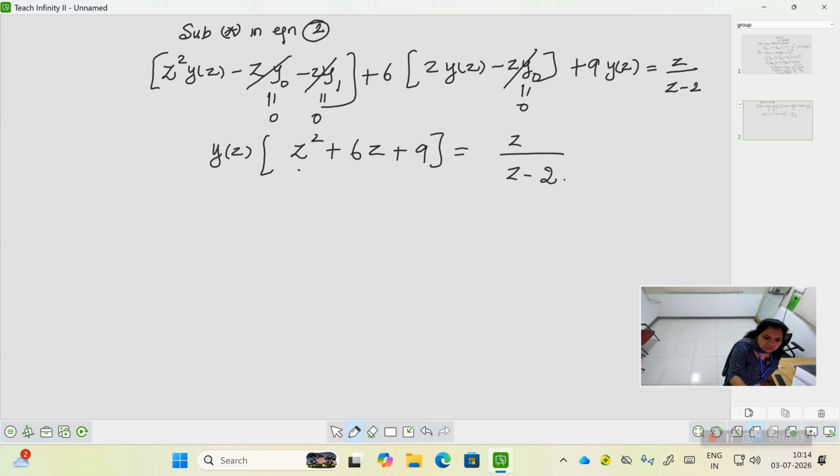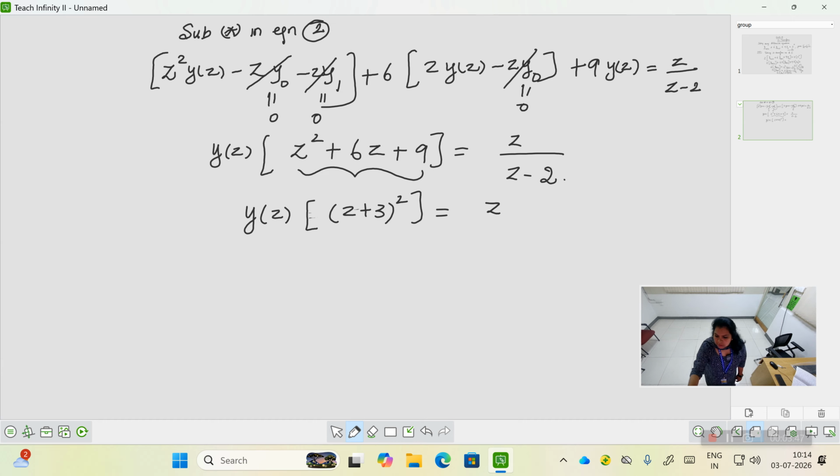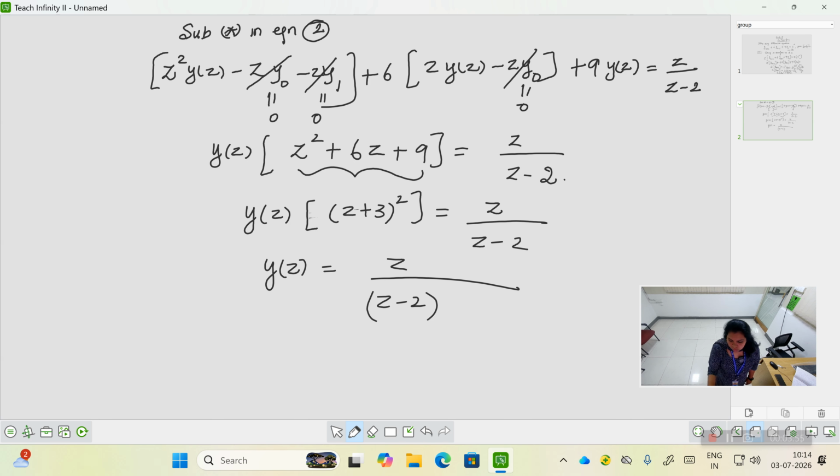This is of the form (z plus 3) the whole square, equal to z by z minus 2. Bring the term to the other side. You'll get Y(z) equals z by (z minus 2)(z plus 3) the whole square. What do you understand from here?